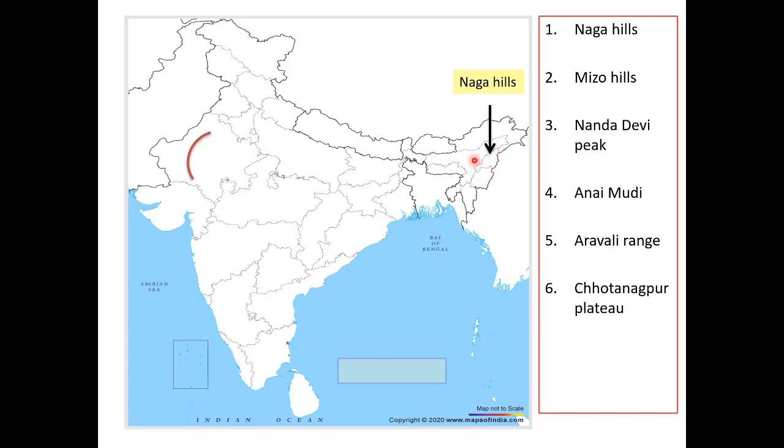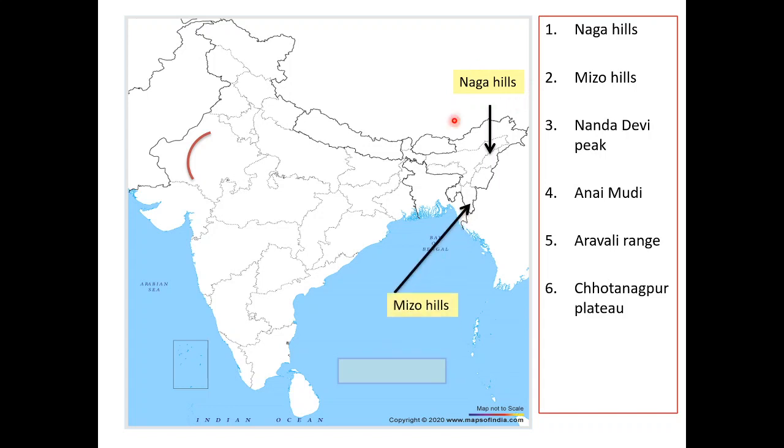Nagaland, Manipur, Assam are the home states, or you can say the home region, of the Naga tribes. And these hills are named after the Naga tribe. These are called the Naga Hills.